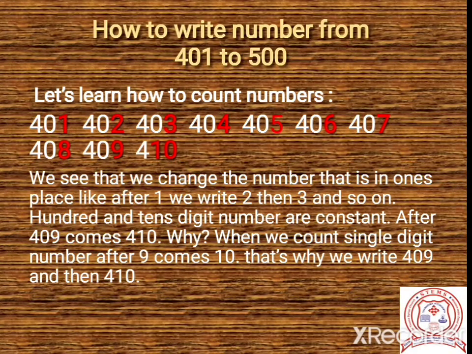After 409 comes 410. Why so? When we count single digit numbers like 1, 2, 3, 4, 5, 6, 7, 8, 9, then after 9 what comes? 10. That's why we write 409 and then 410.